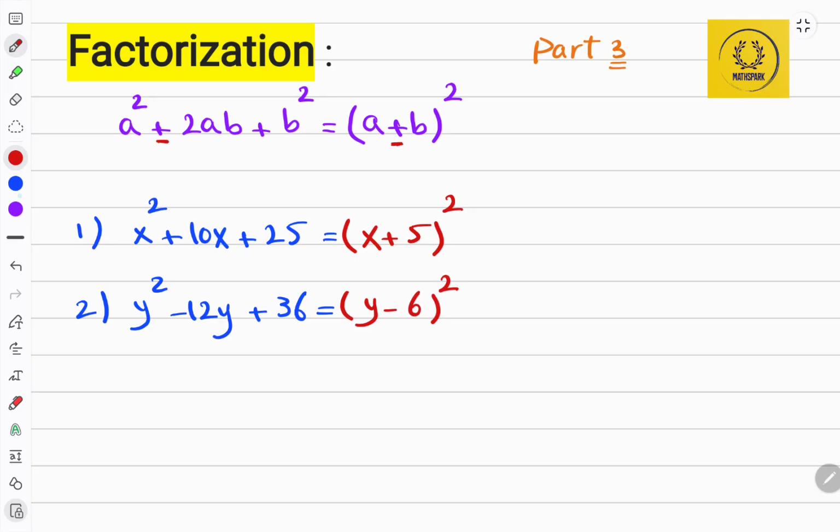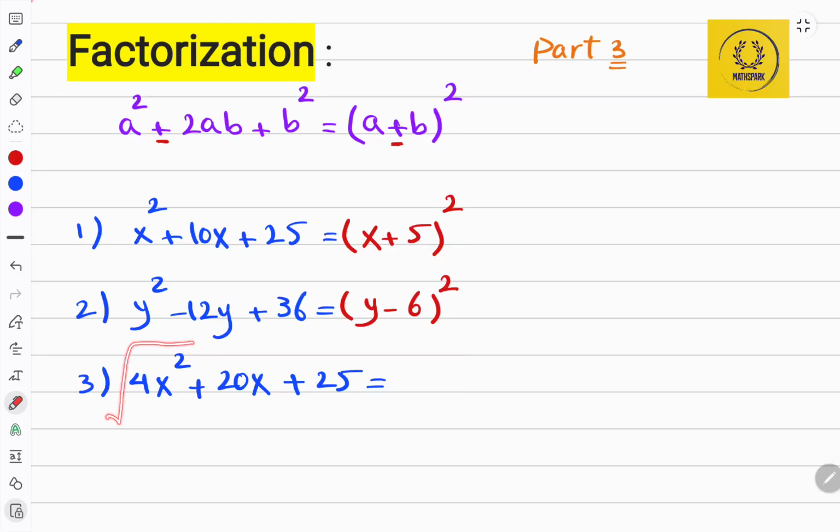Okay, and how about the third example? We have 4x squared plus 20x plus 25. Okay, so you can see that we have a coefficient of 4 for x squared, but that's okay.